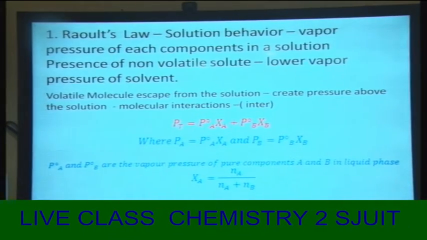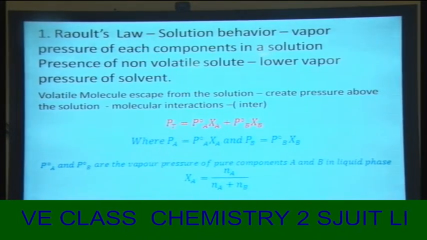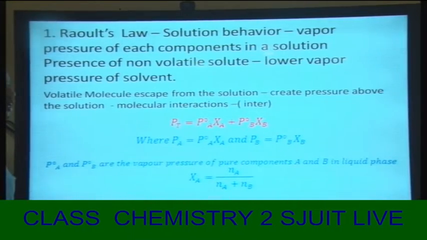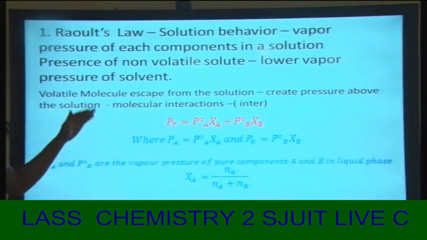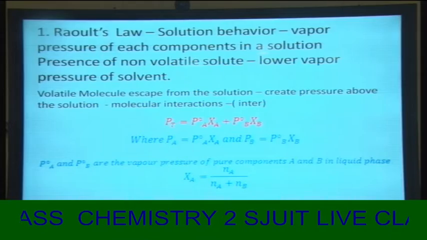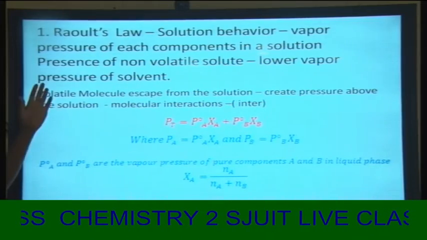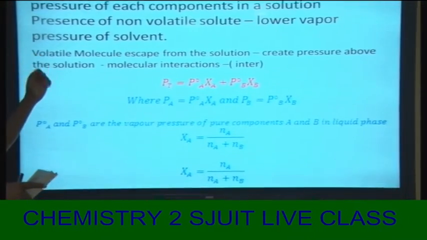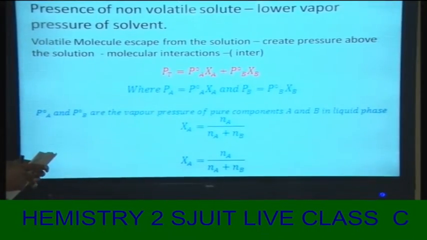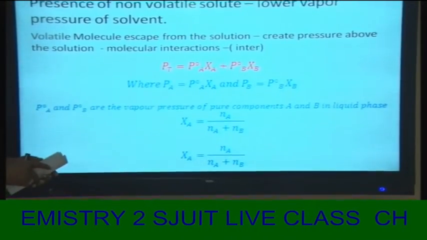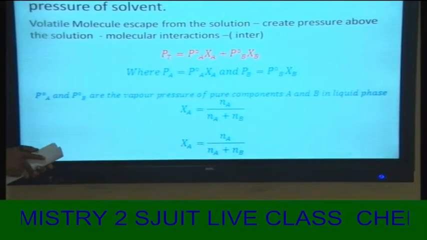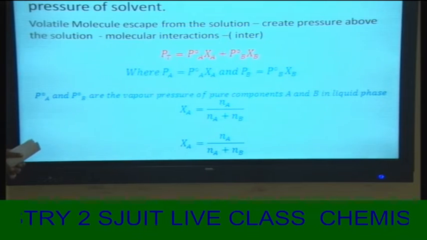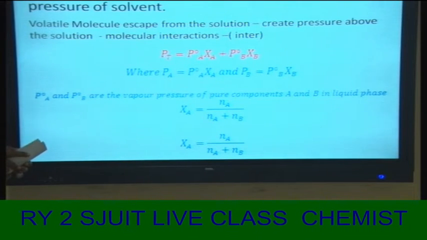And if the molecular interactions are lower, there will be a higher tendency of molecules to escape and go above the solution. So why do these components show deviation from Raoult's law? It is due to the kind of intermolecular interaction existing in solution components.